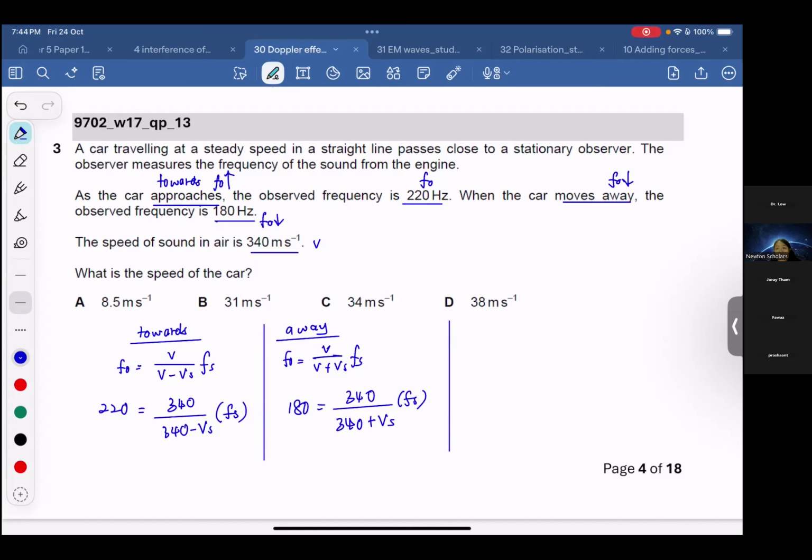Jore correct. Jore already solved the problem. How about others? Speed of car. Car is the source producing the sound.